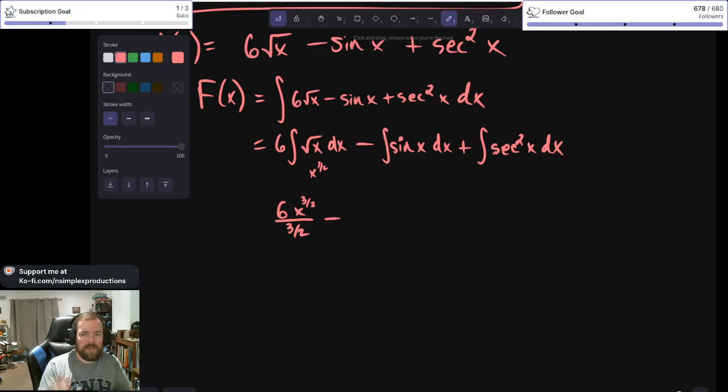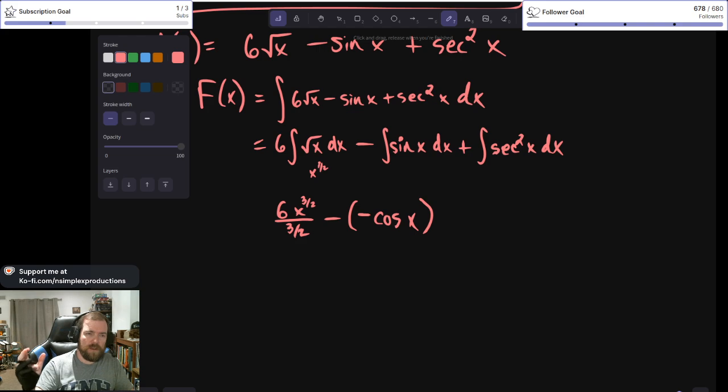Minus the antiderivative of sine of x dx, where do we get that from, is going to be a negative cosine, plus c. Alternatively, we could bring in that negative and have left it there all along.